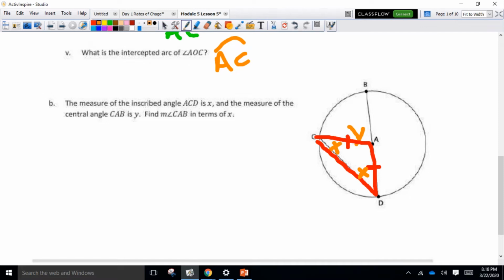So there's two ways we can think about this. We can use what we did Friday and said that that has to be double. Or if you think way back to maybe September, October, these two angles here and here add up to this guy out here. So Y would equal 2X.